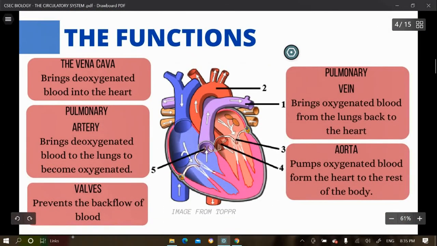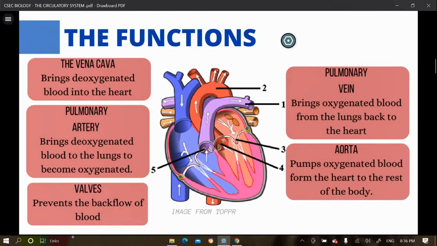Now, the main functions that you need to remember: the vena cava brings deoxygenated blood, that's blood without oxygen, into the heart. Your pulmonary artery brings deoxygenated blood from the heart to the lungs to become oxygenated. Your valves prevent the backflow of blood. And the pulmonary vein is basically the opposite of the pulmonary artery.